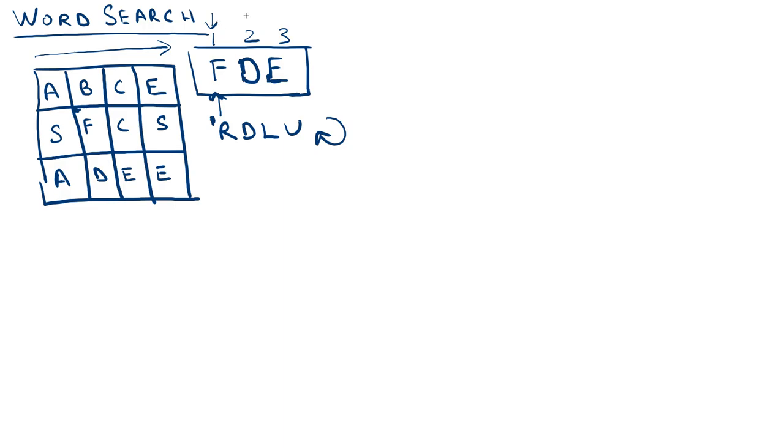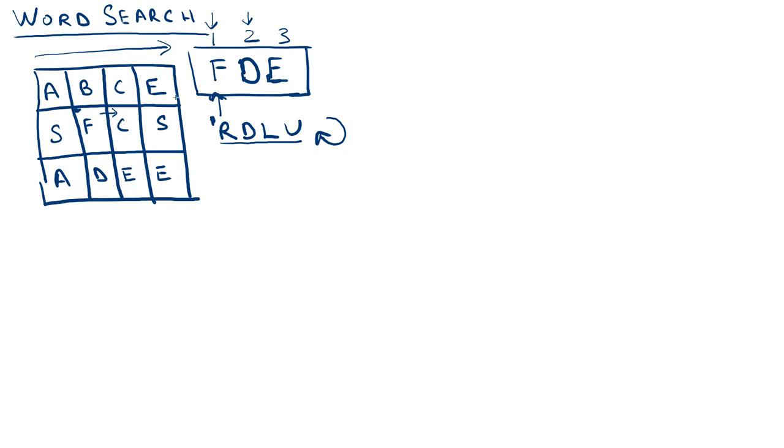Now we shift our current location to the second index, which means that now we want to see whether a D can be discovered from F. In order to do that, we'll follow the direction RDLU. So from F we will go to C, and again we will repeat the same process.